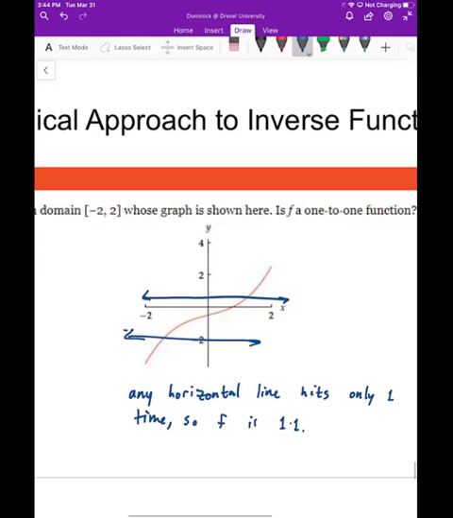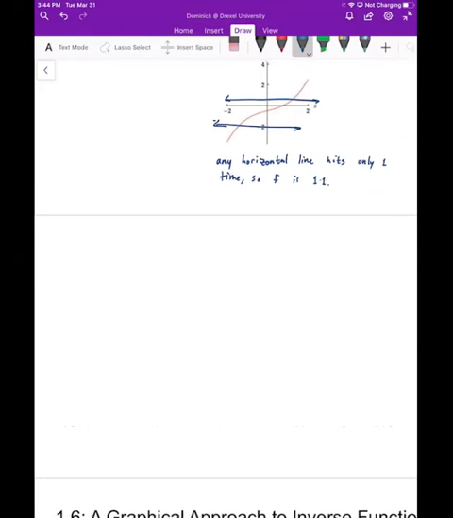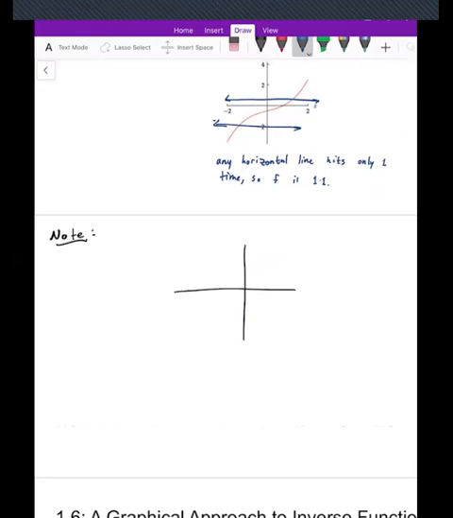Now, of course, there are functions. I don't know if the book has an example here. No. So I want to say a note. Look at something like this. Let's make that a little better. So let's say if I had something like this.